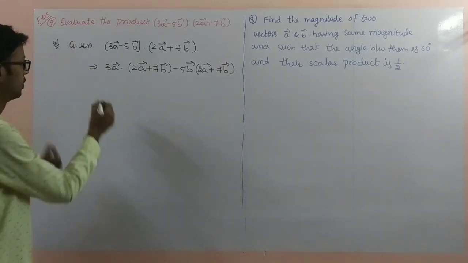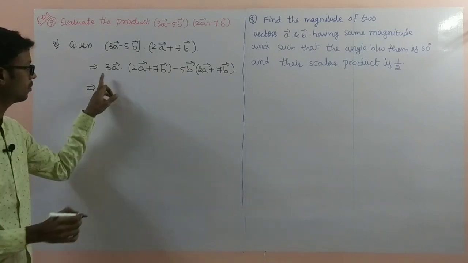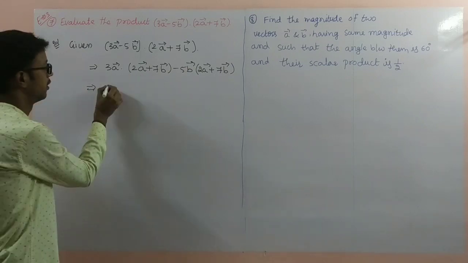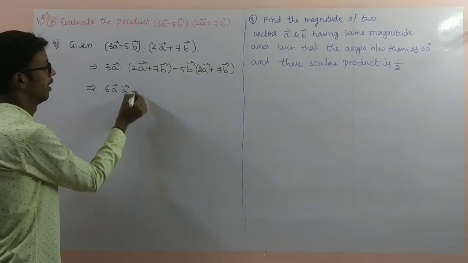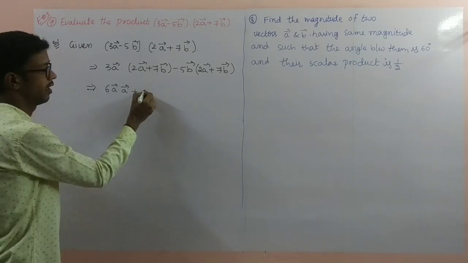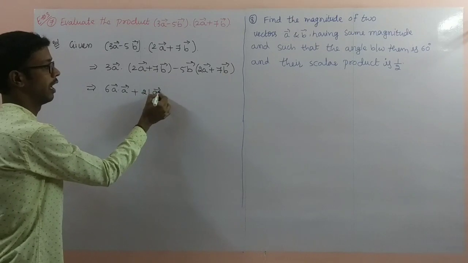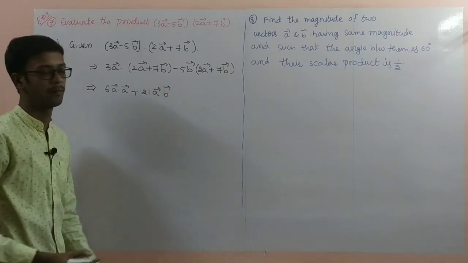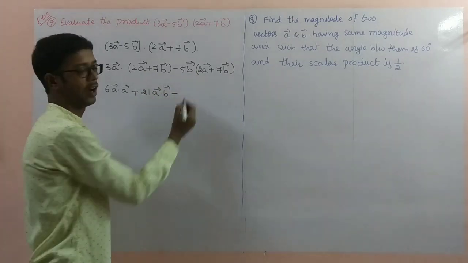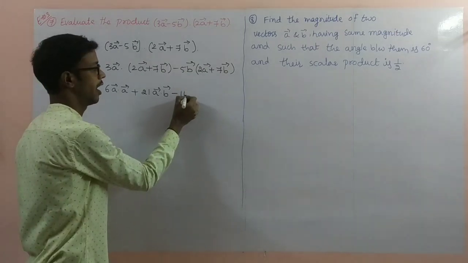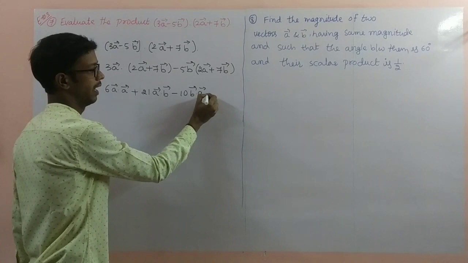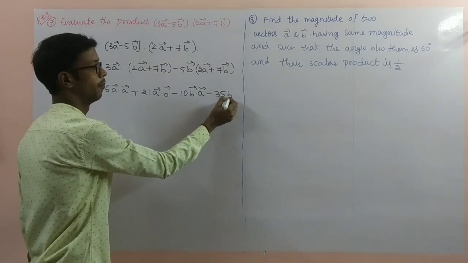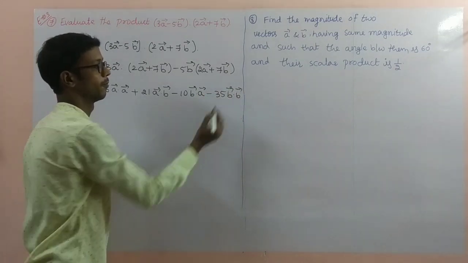Now the dot product: 3 times 2 is 6 a bar dot a bar, plus 3 times 7 is 21 a bar dot b bar, minus 5 times 2 is 10 b bar dot a bar, minus 35 b bar dot b bar.